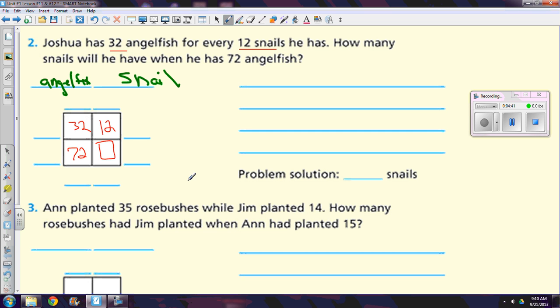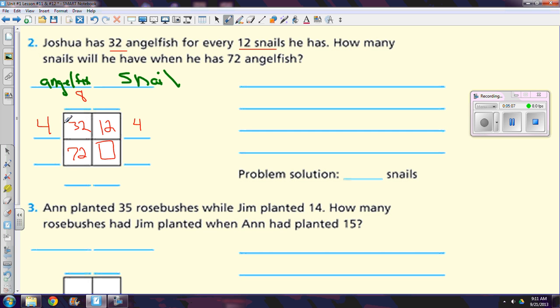How many snails? So the first thing you have to look at is, what are the factors of 32? What are the factors of 12? What will go into 32 that will also go into 12. So 8 times 4 is 32, and 4 times 3 is 12, so let's try with 4. 4 goes into 32 8 times.